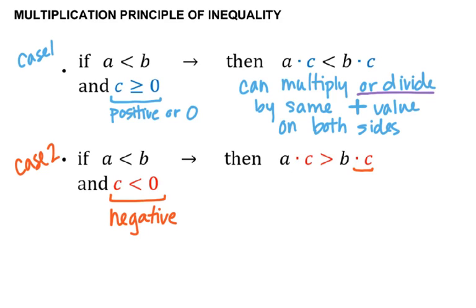If we multiply or divide by a negative value, the inequality sign flips. So you'll notice that we started here with a less than, and now it is a greater than. So if we start with an inequality and we multiply or divide by a negative value, C is negative on both sides of the equation, then you must remember to flip that inequality.